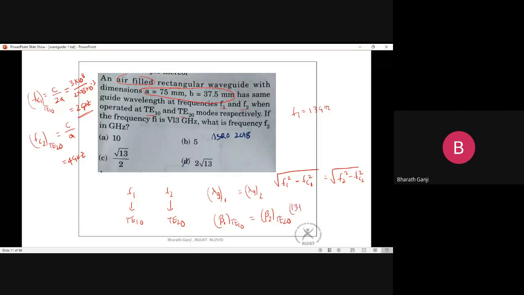So 13 square minus the cutoff frequency for the first one, 2 square, should be equal to the second waveguide frequency to be found, and the cutoff frequency for the second one is 4 gigahertz square. So from here, what answer are you getting? 2√13? What did you get? What is the answer?